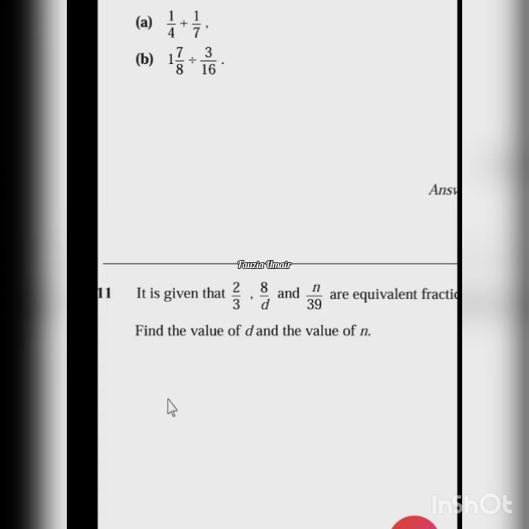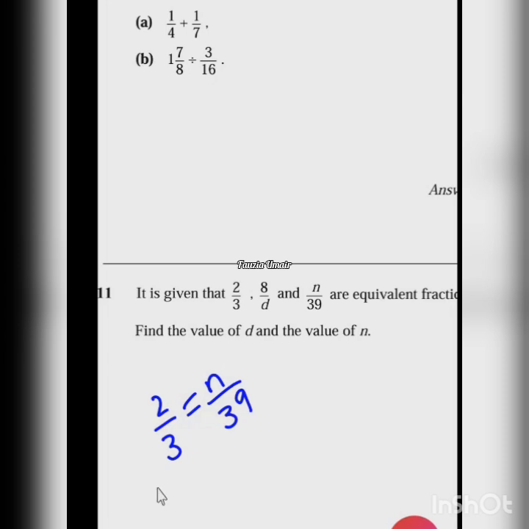Unitary method of rate. We will just equate it, na? We will equate, they are equivalent fractions. So we can use the concept of proportion or ratio. You can say 2 by 3 is equal to n by 39.